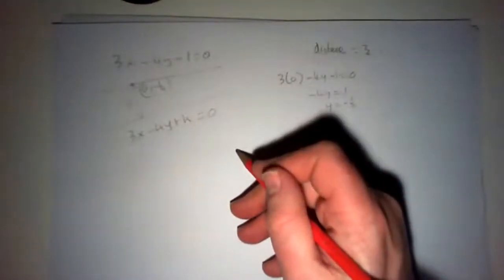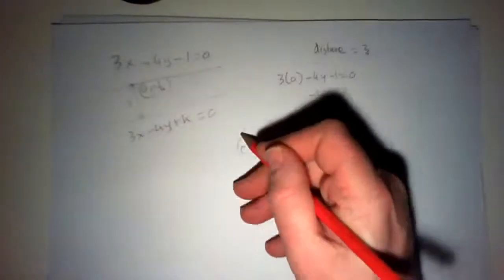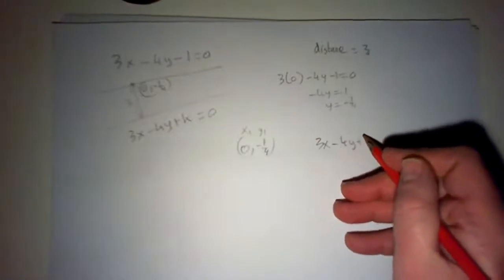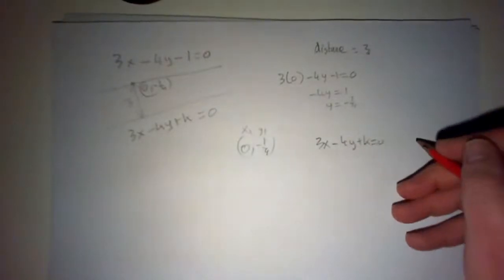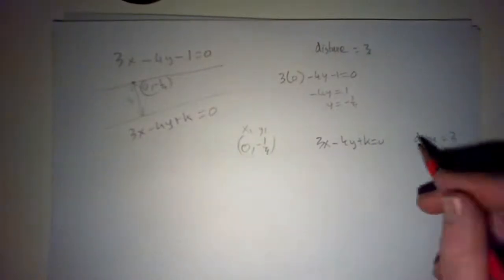That's going to be our x1, y1. So the distance from 0 and minus a quarter, x1, y1, to 3x minus 4y plus k equal to 0, the distance is 3. So that's the answer to our formula.